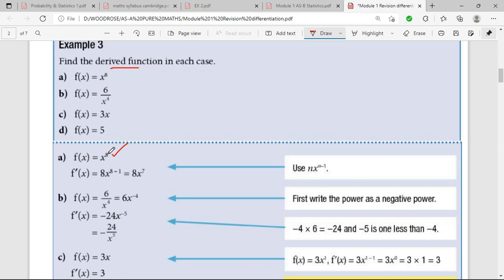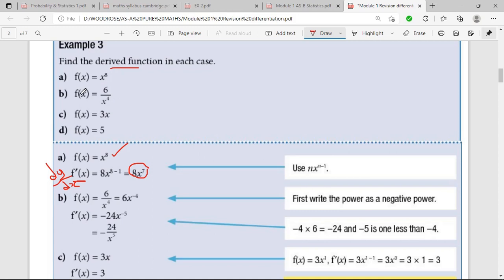You bring down 8 here, and you remain with 8 minus 1, and your answer will be 8x to the power of 7. This is the derivative. You can also write it as dy dx. It's the same thing: f prime of x and dy dx are the same thing.